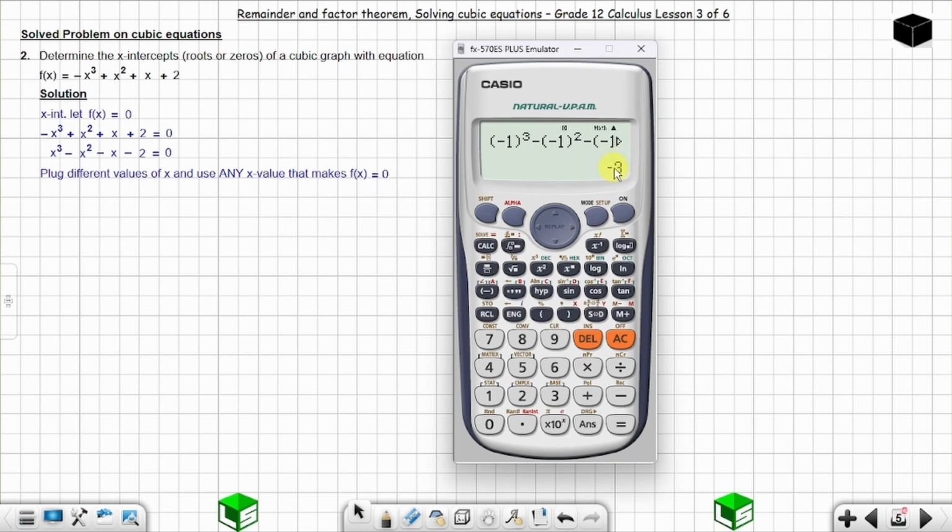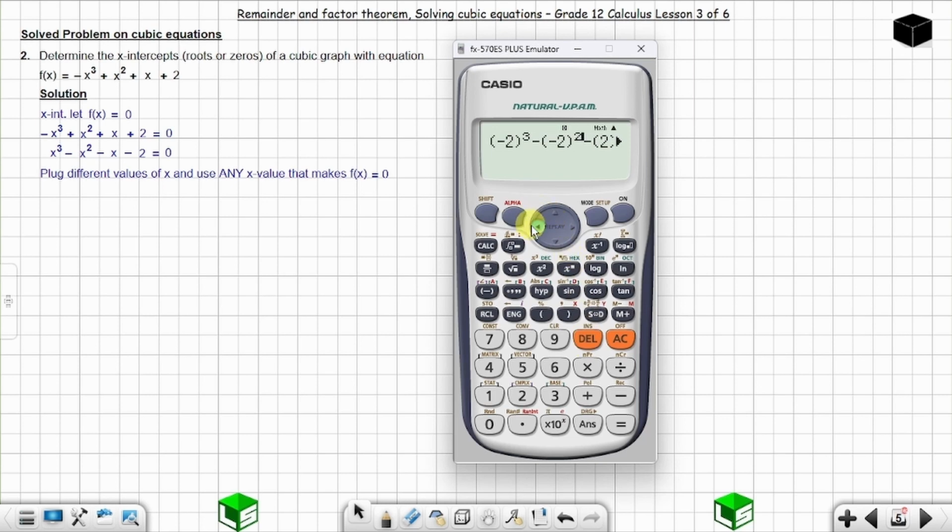Let me try negative 2. I'm trying to plug different values of x and see if I get 0. With negative 2, I get negative 12, not 0. So negative 2 is not going to work. Let me try 2.